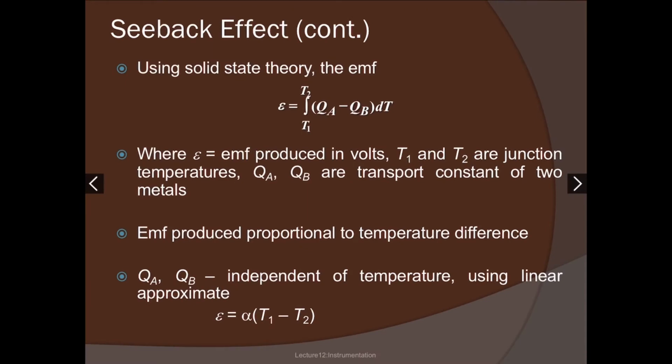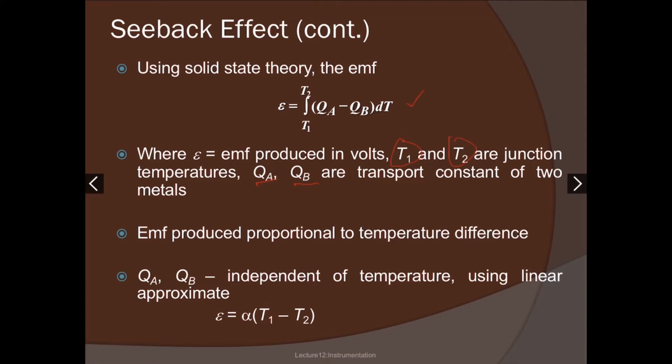The effect was explained using solid-state theory, where EMF can be calculated using this equation, where T1 and T2 are junction temperatures and QA and QB are transport constants of two metals.